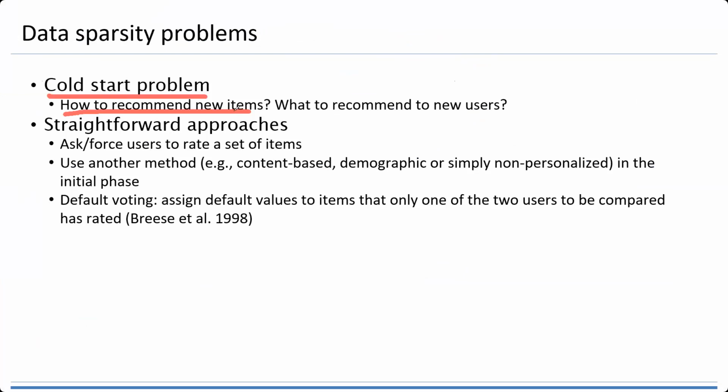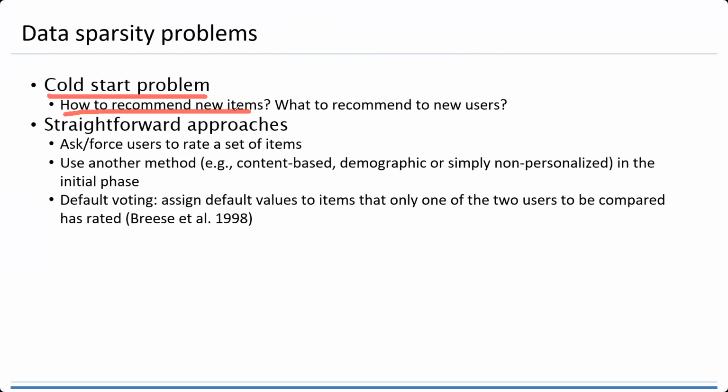And what to recommend to new users? If you look at some applications, usually they give you a coupon. If you join Kupang for the first time, they will give you a coupon to buy. They want to know your interest at the first time, and after that, they can recommend items to you.